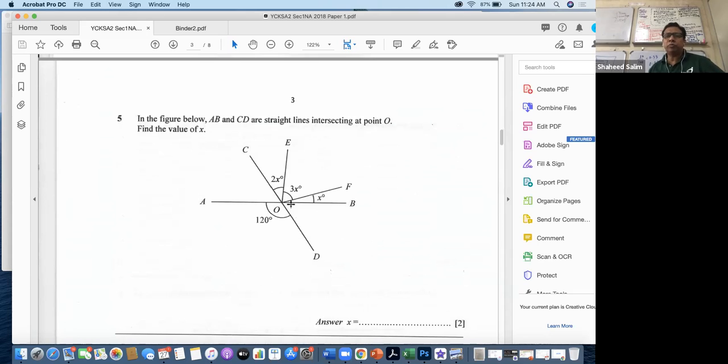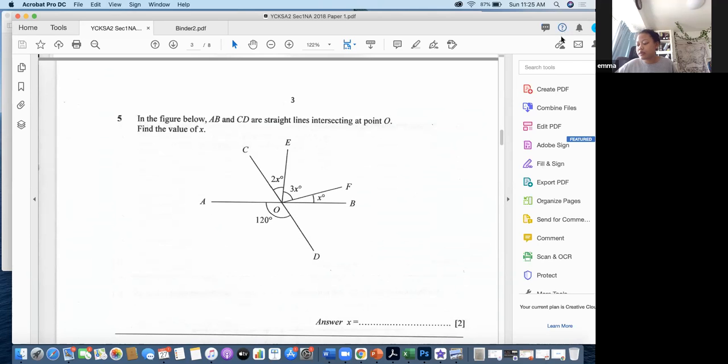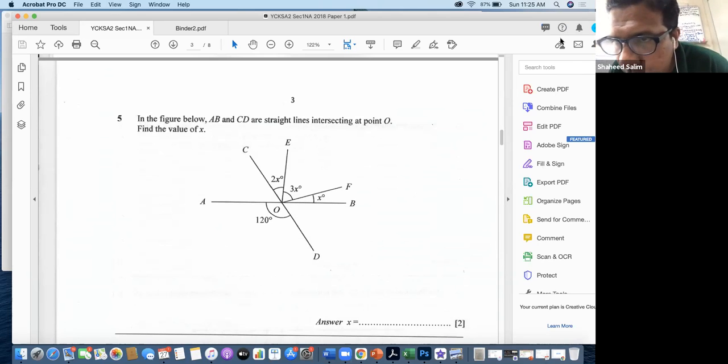Find the value of x, please. $20. Again? $20.